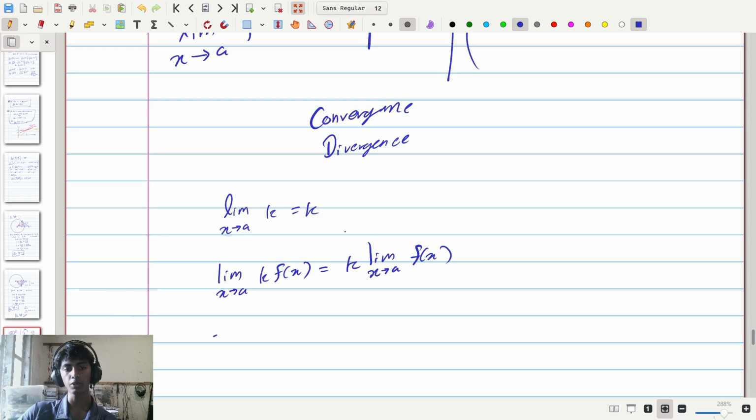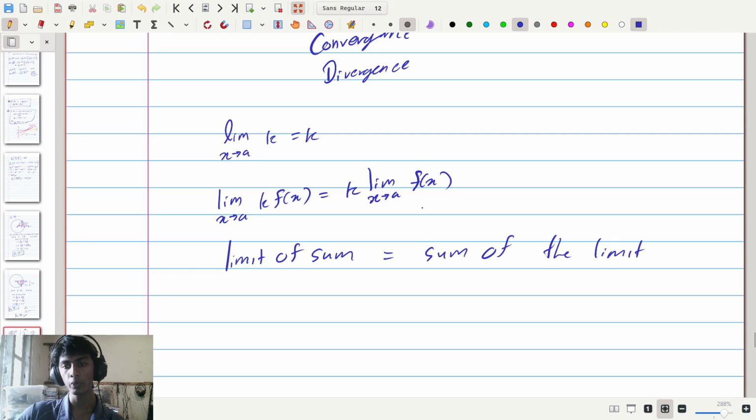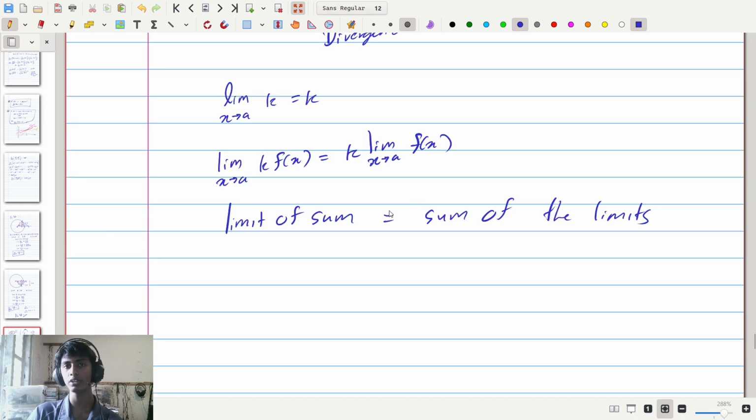We discussed that if you have a sum, the limit of the sum is equal to the sum of the limits. We discussed similarly how the limit of a product is equal to the product of the limits and vice versa, and how one limit divided by another is equal to the limit of the two functions divided by each other, provided that the bottom function is not equal to 0.